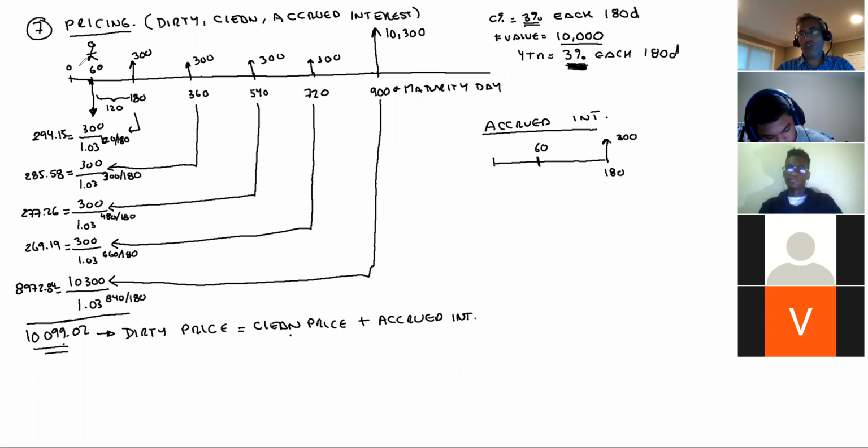Now, the question is obvious, guys. Do you remember this 300 corresponds to a payment for someone that gave the money here up to here, correct? So these 300 are a compensation for someone that lent the money at period 0 and kept the money up to 180. Okay? However, the initial buyer sold his position here.